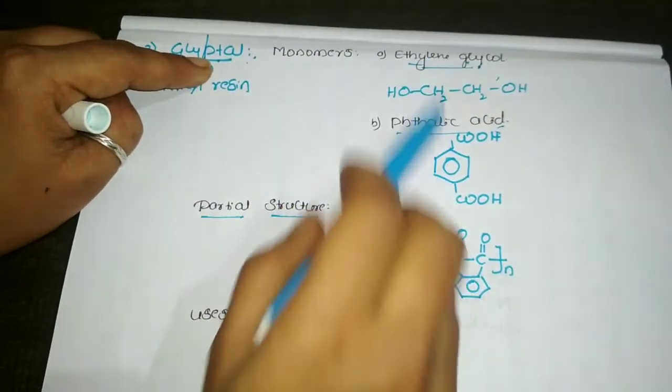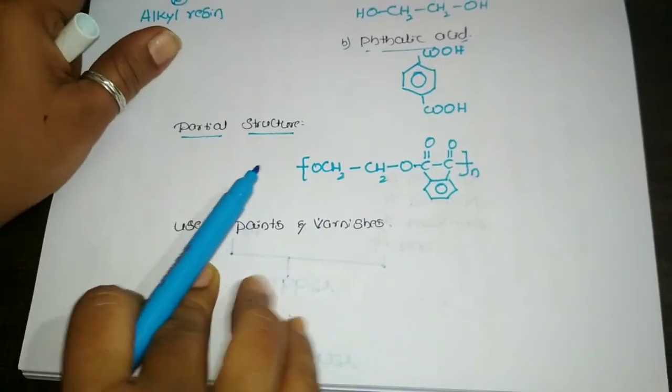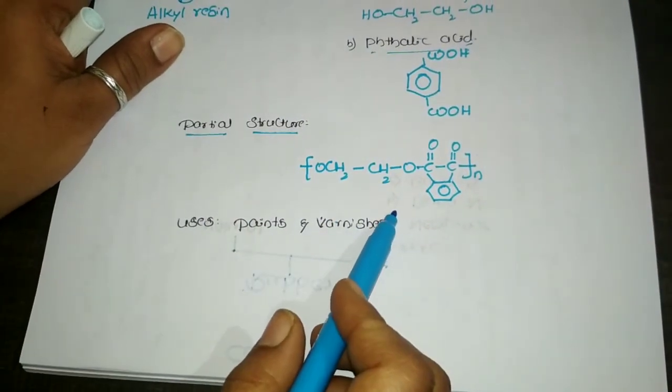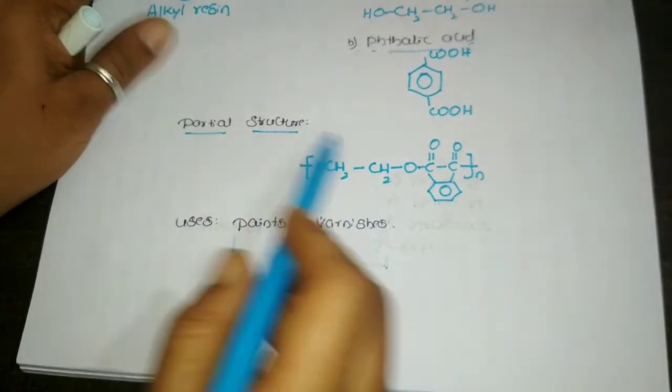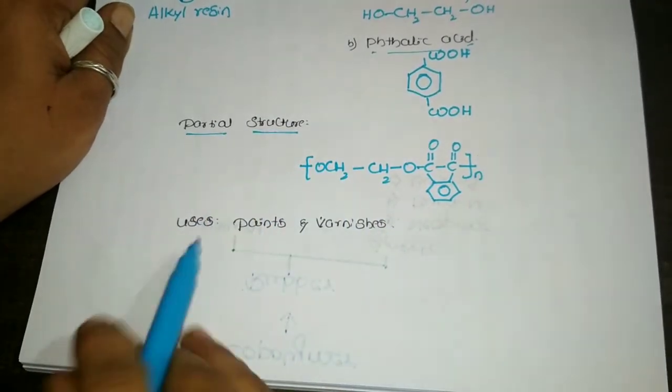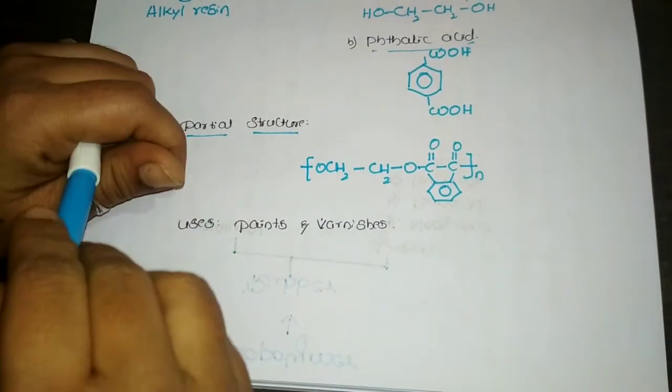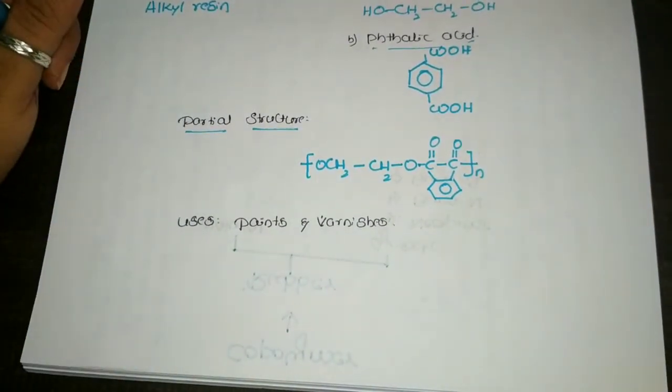These are the two monomers, and you can see the partial structure over here. Again you are going to get an ester group, so that's why it is a polyester. Some of the uses here are in the preparation of paints, as well as varnishes.